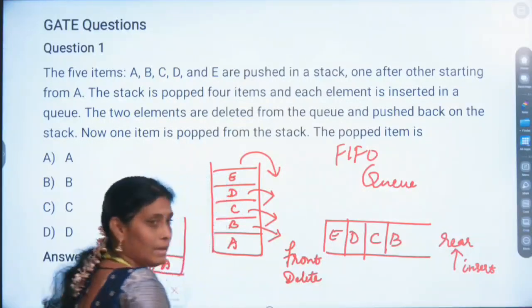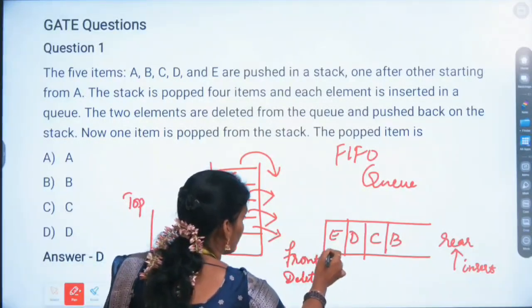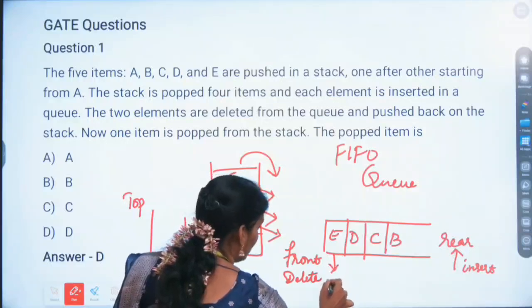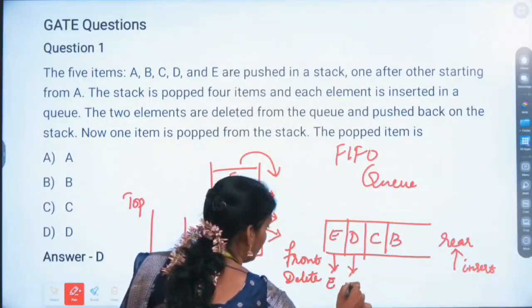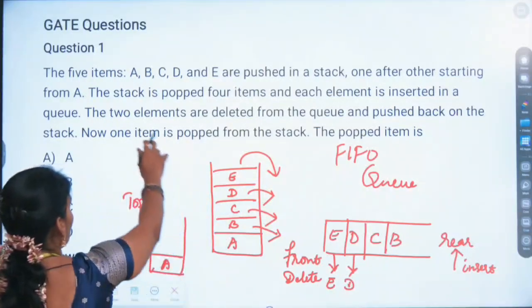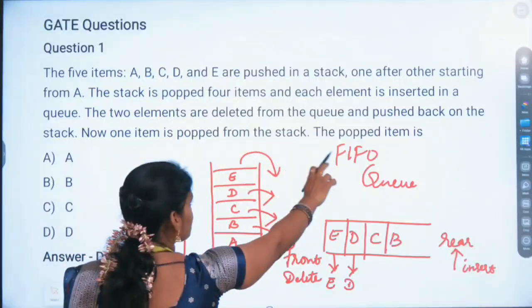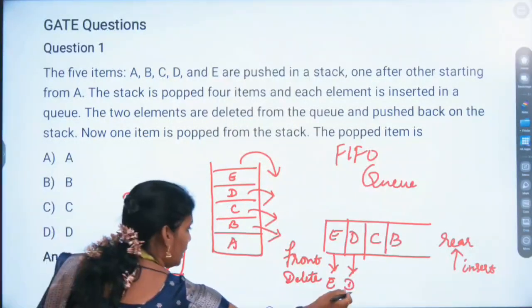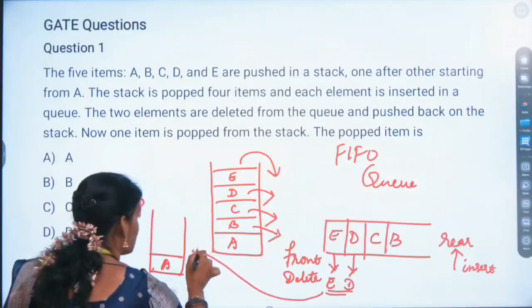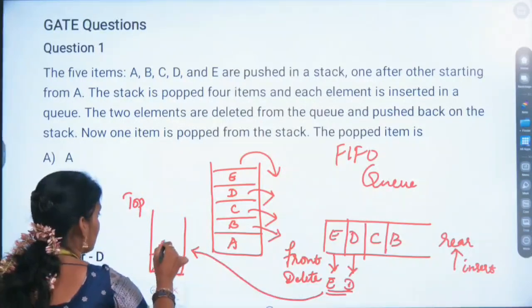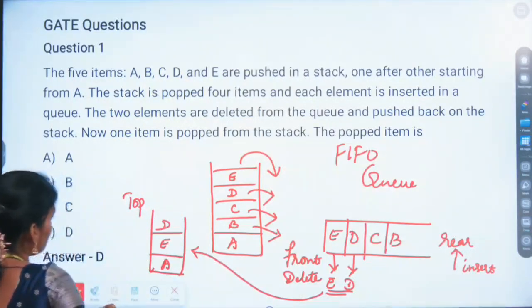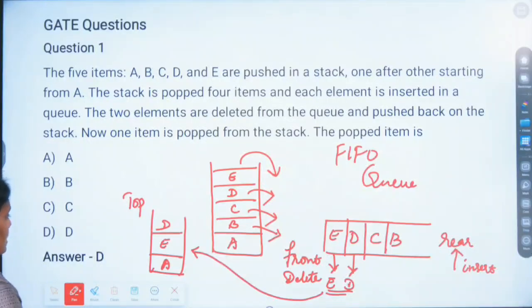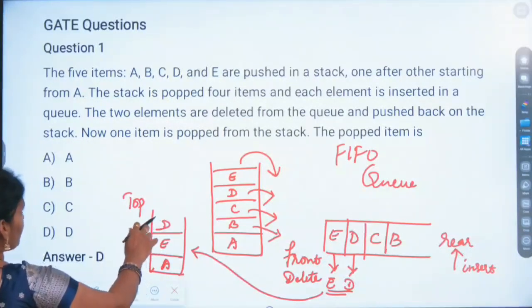So the first element E gets deleted, then D gets deleted, and these 2 elements should be pushed back onto the stack. So E and then D. Now we have 3 elements in the stack, that is A, E and D.